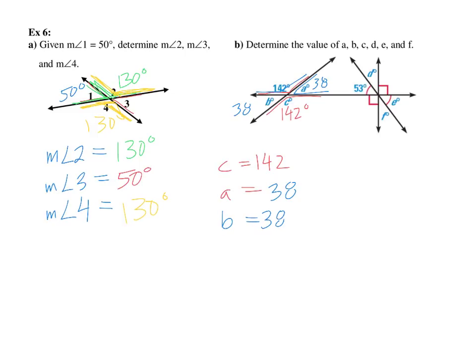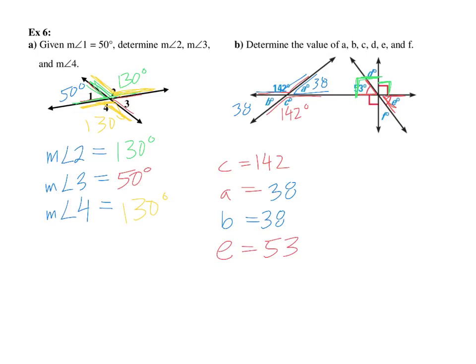And what comes next? Let's see what we have here. This is 53 degrees, and these are vertical angles, so E is going to be 53. What's next? We're going to have to do a little math to figure out D. If this is a right angle here, then this must also be a right angle.